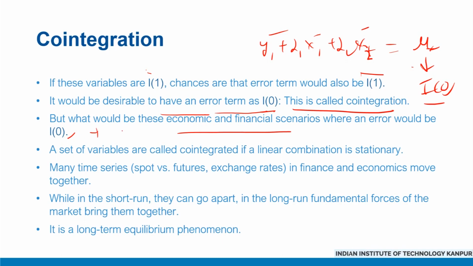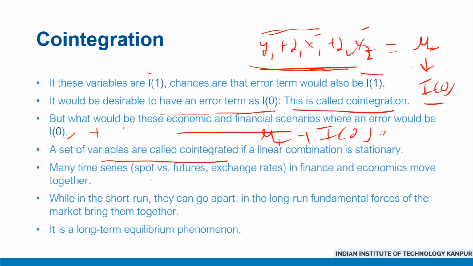That is called cointegration. So if a set of variables are cointegrated, only then can you find a linear combination like this. There can be more such variables where you can find a linear combination resulting in a mu t which is integrated of order 0. Integrated of order 0 means it is stationary, and this results in a property called cointegration across all these variables.